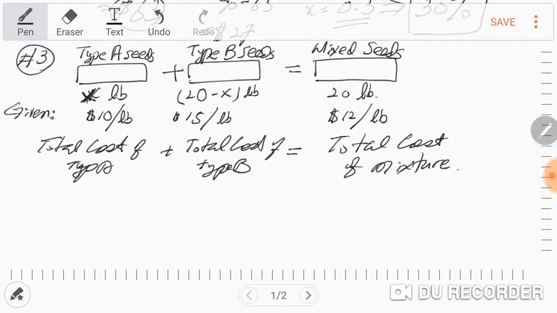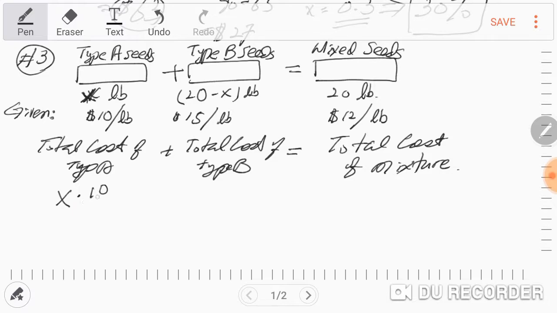So finding the total cost is the price per pound times the number of pounds. The weight is X pounds, so multiply this by $10 per pound. So this is the total cost of type A.